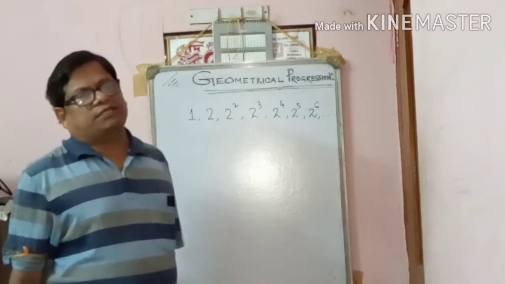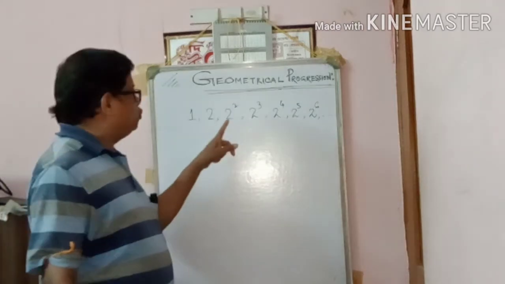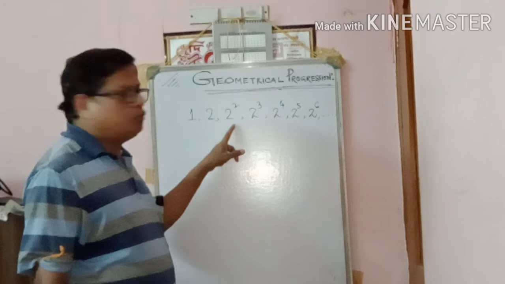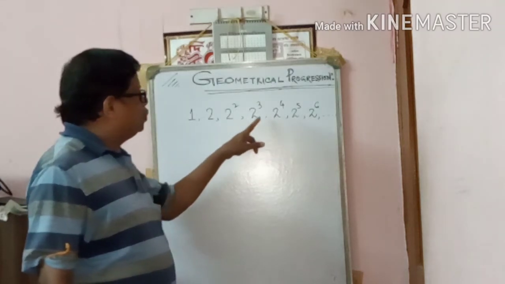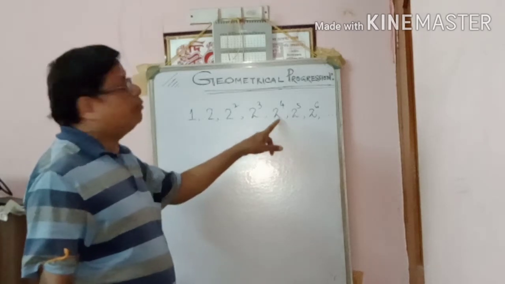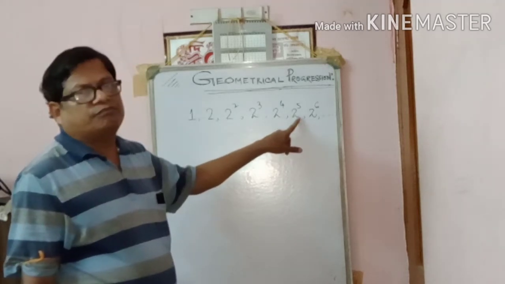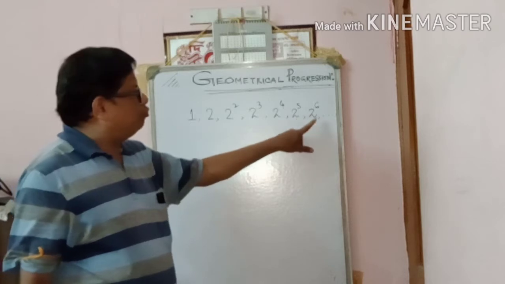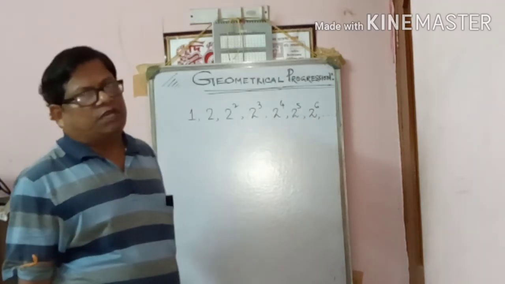We are considering a few numbers. Suppose 1, 2, 2 square means 4, 2 cube 8, 2 to the power 4 is 16, 2 to the power 5 is 32, 2 to the power 6 is 64.